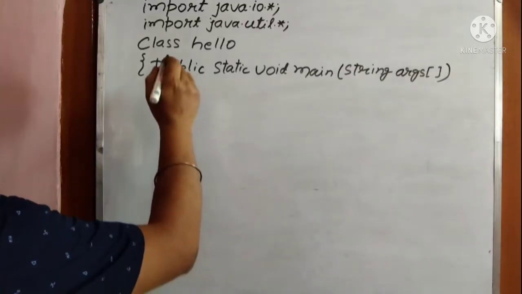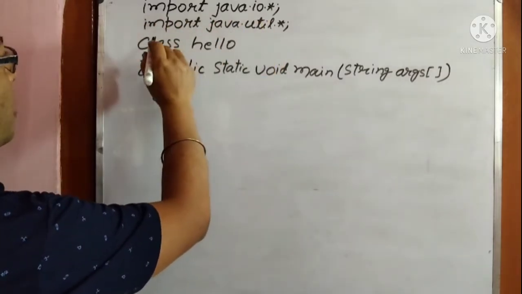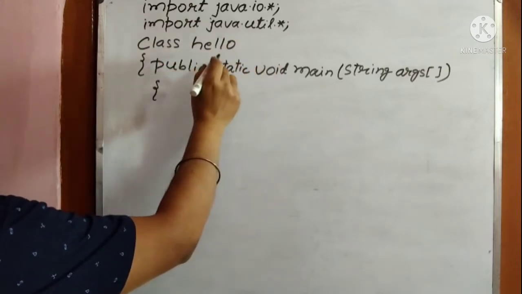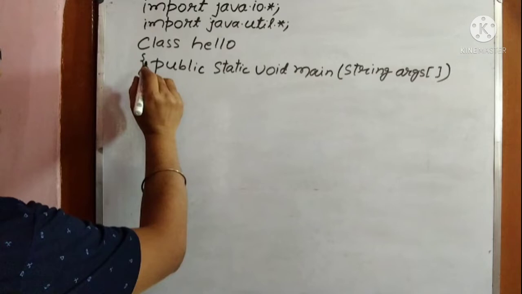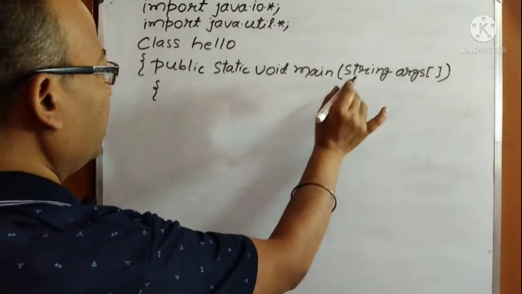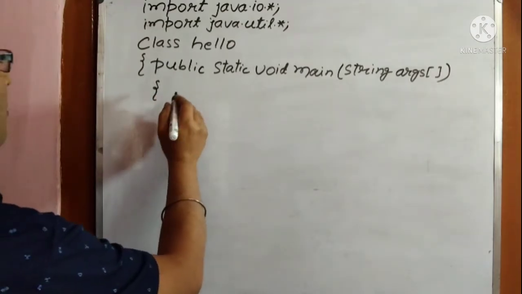See, I have incorporated import java.io.*, import java.util.*. I have taken the same file, class Hello, and then the opening curly brace, then public static void main(String args), and this is the opening curly brace of main.